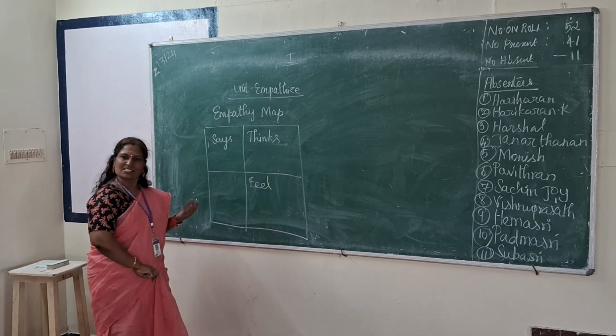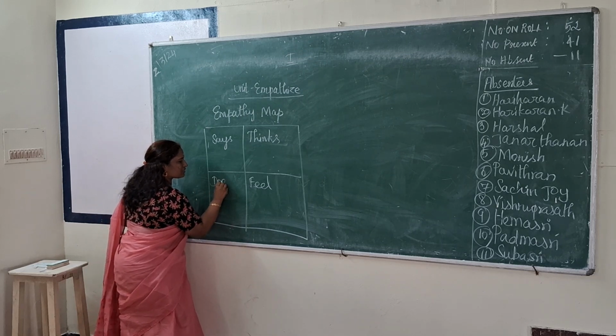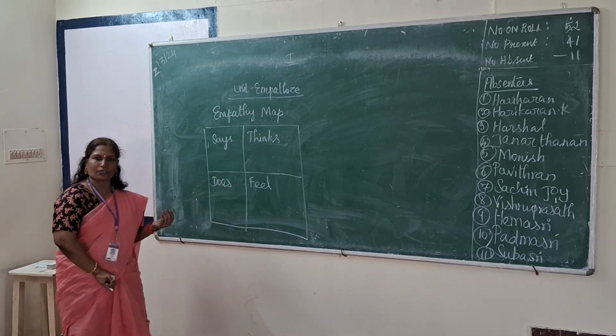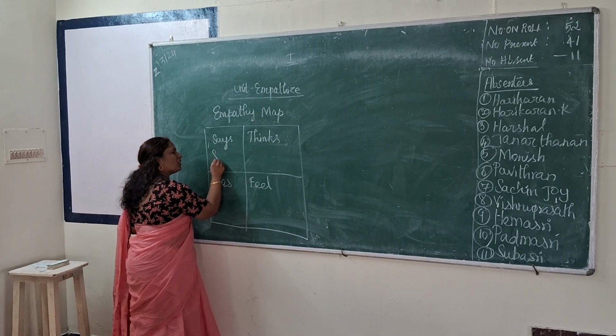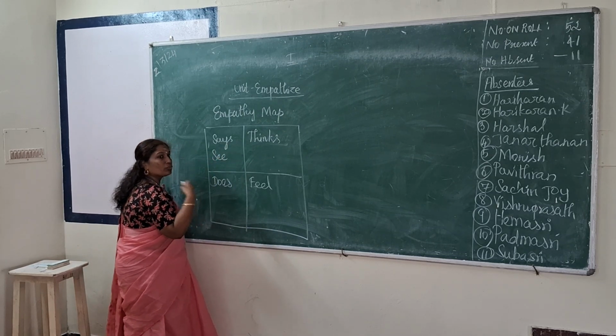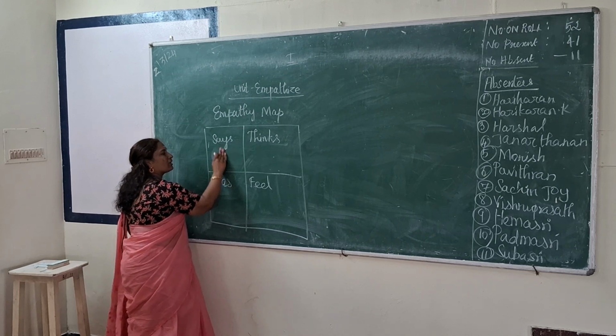These terminologies can vary also. And then what they do. Or instead of what they say, it can be what they see, what you observe from them. It can be anything, right?